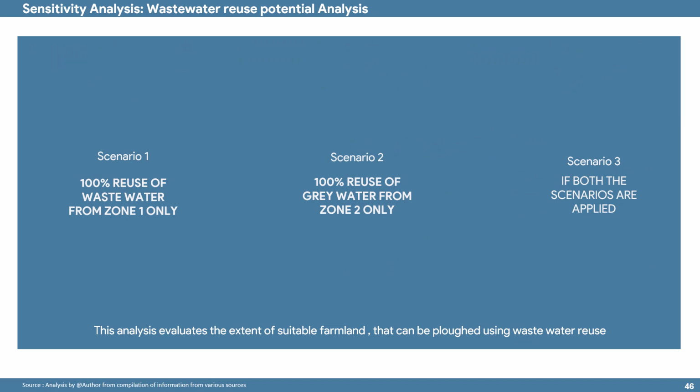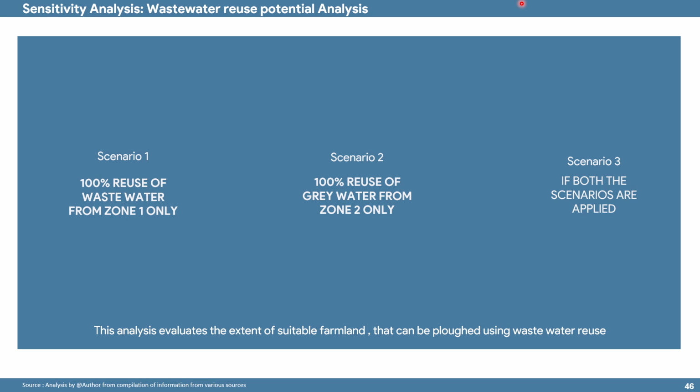So to analyze this potential reuse, the proposed wastewater reuse strategy is examined through three different scenarios. That is, what if we use 100% wastewater from zone 1? What if we use 100% grey water from zone 2, because zone 2 is an area of on-site sanitation and the black water will go to the septic tanks, but the grey water management is essential for this area as we have already analyzed in the before slides.